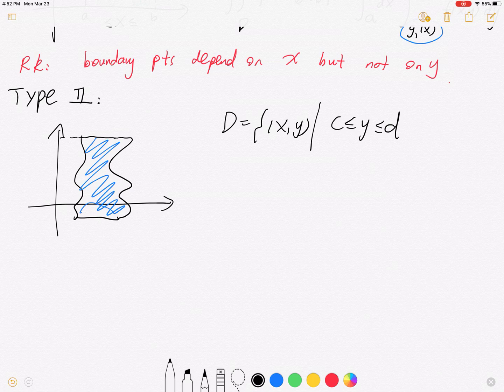Y is between C and D. And for each fixed Y, X is between h1(y) and h2(y).